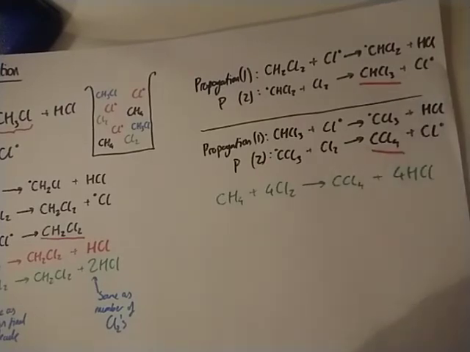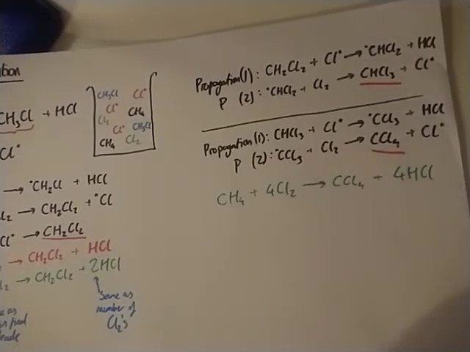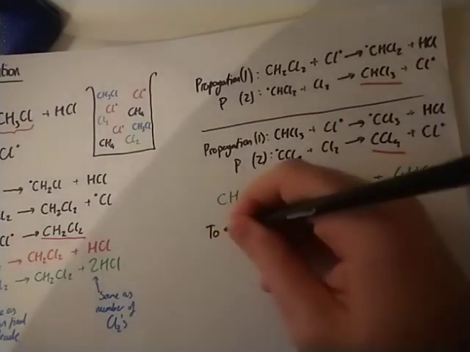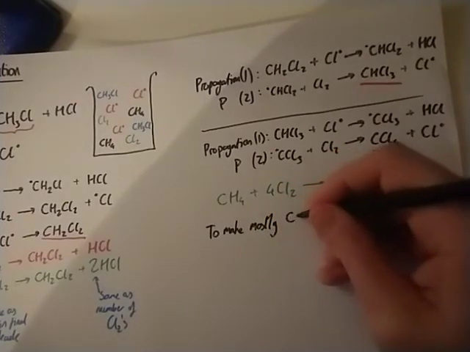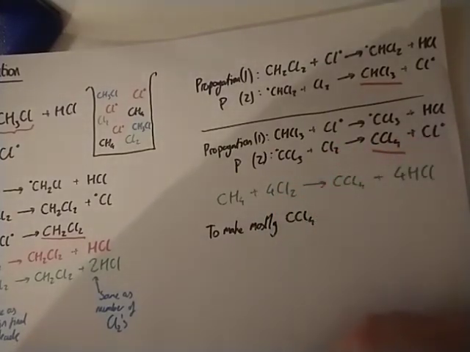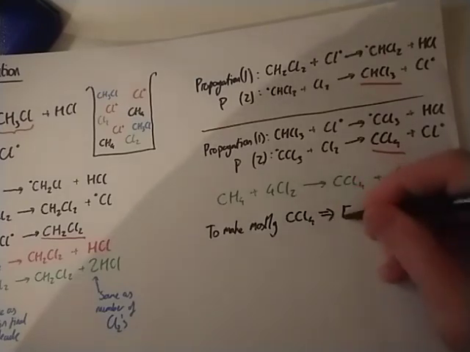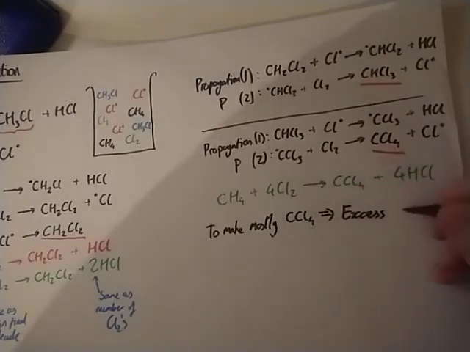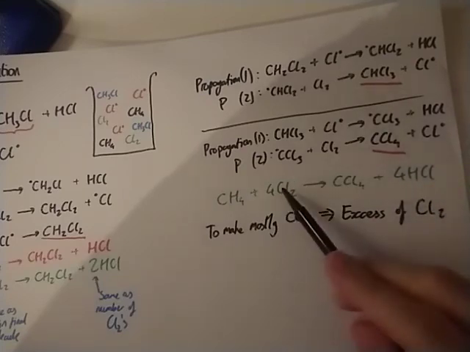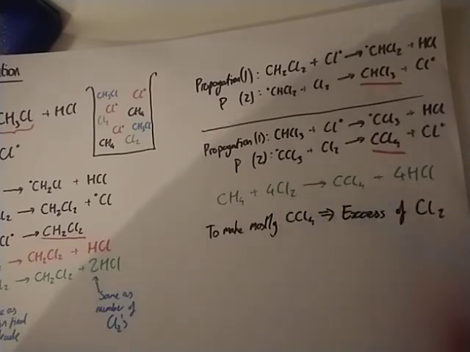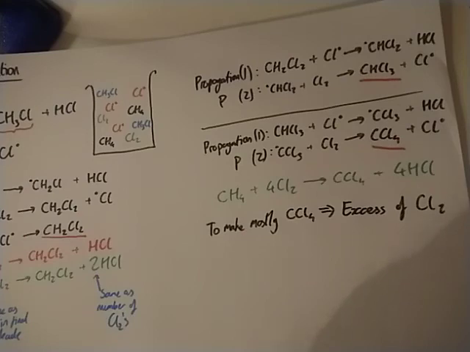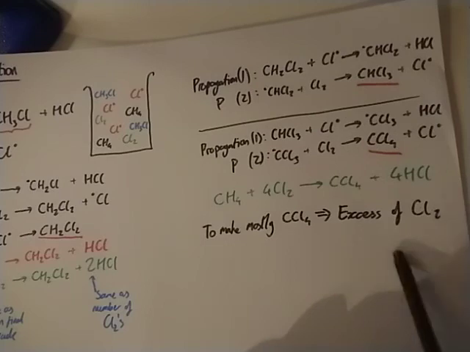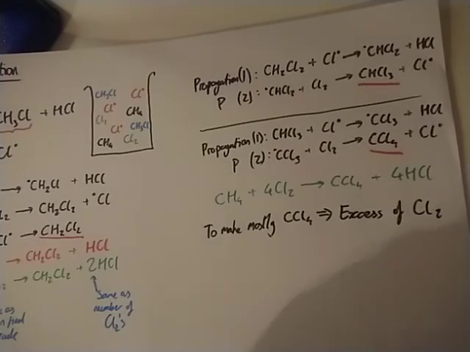So, if you want to make mostly tetrachloromethane, CCl4, you want to use a big excess of Cl2 because we need lots of the Cl2 to make CCl4. So if you want to make lots of CCl4, tetrachloromethane or carbon tet, you want to use an excess of Cl2.